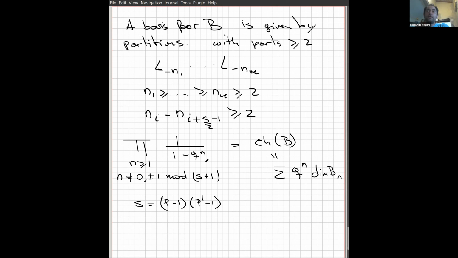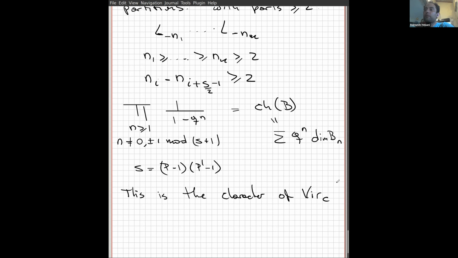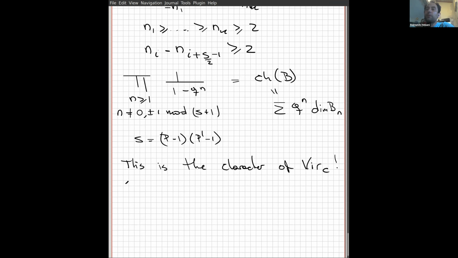So this thing here is the character of a Virasoro, your C. But only when p is equal to 2.